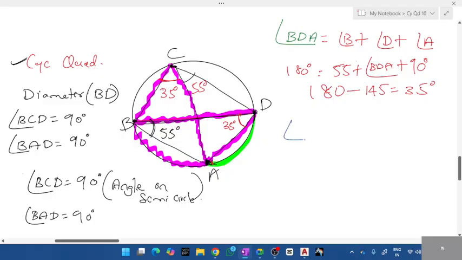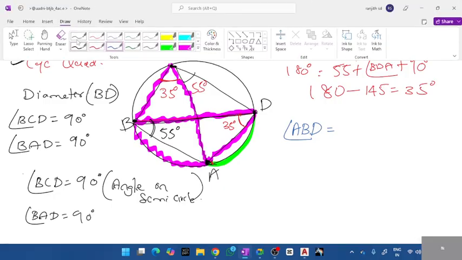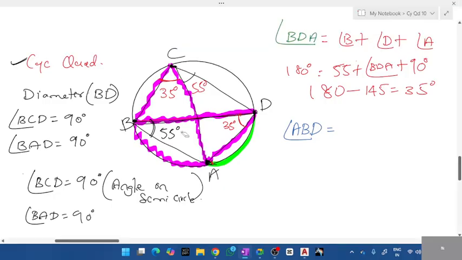ABD, students. ABD is equal to which one? Look at ABD. If AD is the arc, ACD, ACD is 55. Tell me the theorem. What reason will you all write?